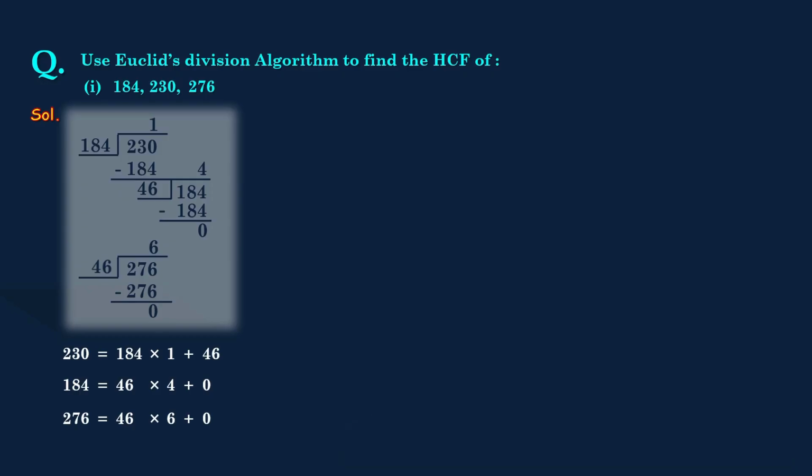You can clearly see that 46 is the divisor over here, and that is going to be the HCF, because whenever we have 0 as the remainder, whatever the divisor is, that is going to be the HCF of the numbers. So the HCF of these three numbers 184, 230 and 276 will be 46.